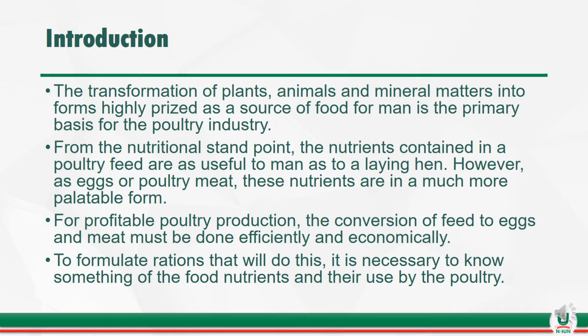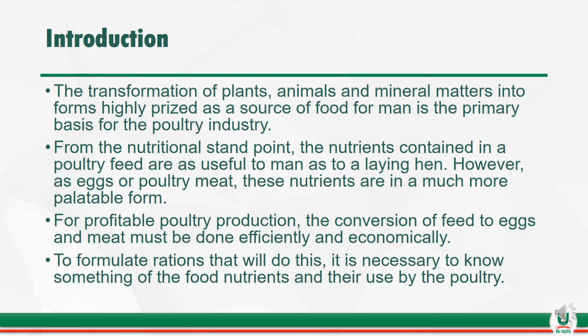Introduction. The transformation of plants, animals, and mineral matters into forms highly prized as a source of food for man is a primary basis for the poultry industry. From the nutritional standpoint, the nutrients contained in a poultry feed are as useful to man as to a laying hen.